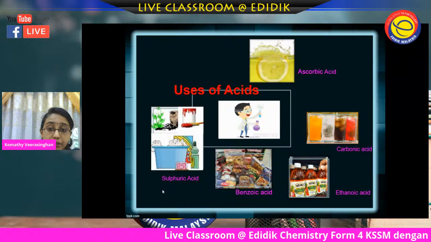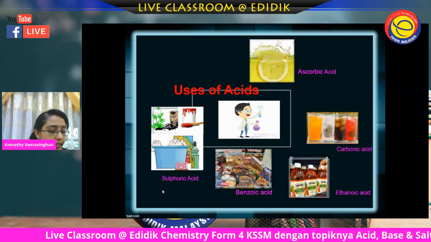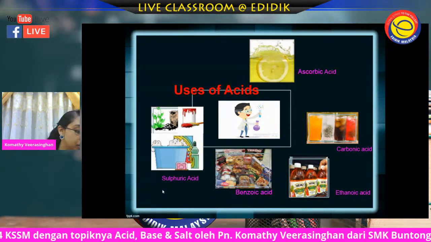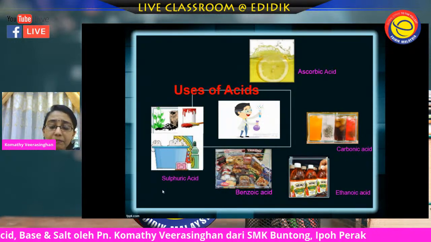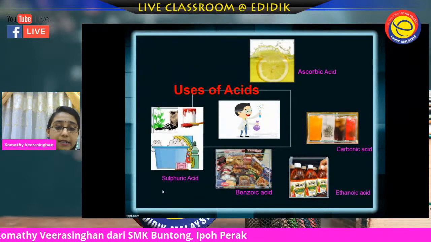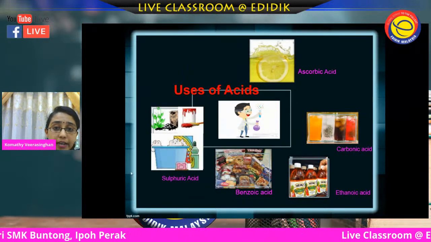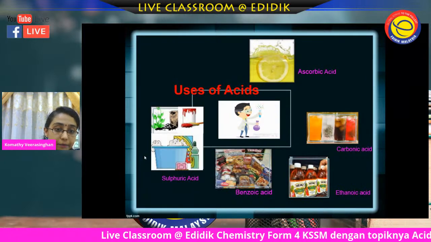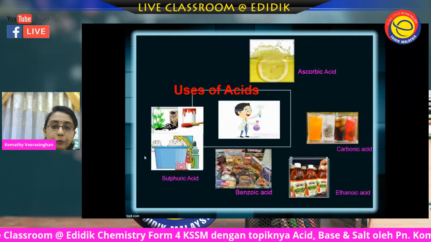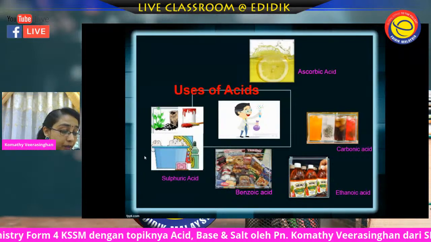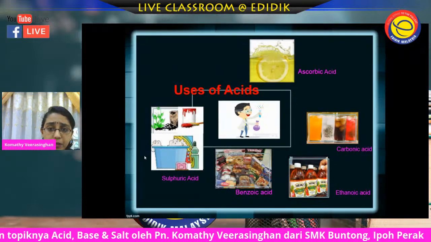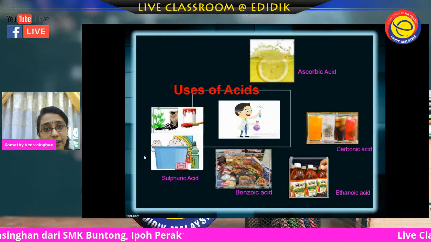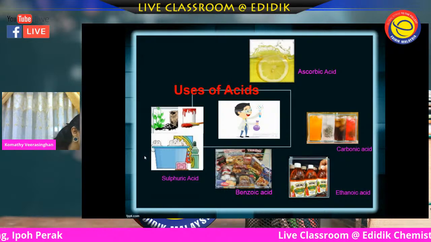Besides the names of the acids that I put here, can you give me another type of acid that you use in your daily life? As you can see on my screen, here I've given the name of the acid with the usage. You can see the photo, right? From that, you know what the usage is for. But besides these 5, do you think only 5 acids we have in our daily life? Of course not. There are a few more.